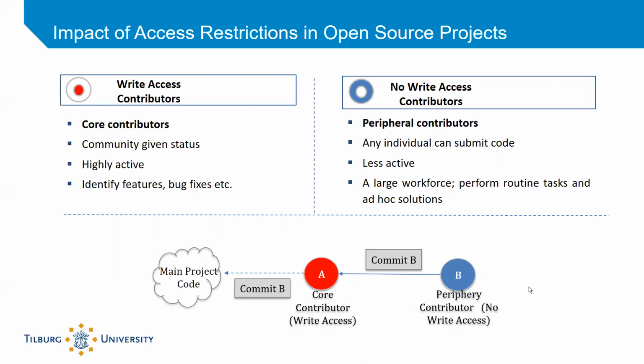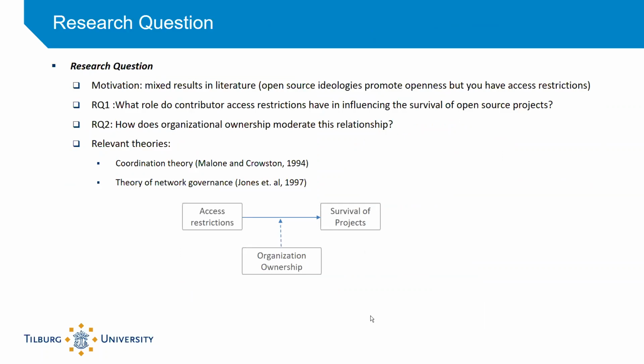But at the same time, you have literature from the governance of communities that says that restricting access to the main common pool of resources, or to the common software, is actually beneficial because it protects it from certain things. So the question is, does access restriction have a positive or negative influence on the survival of open source projects?